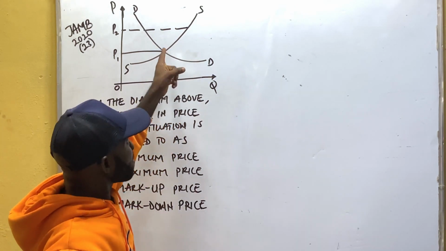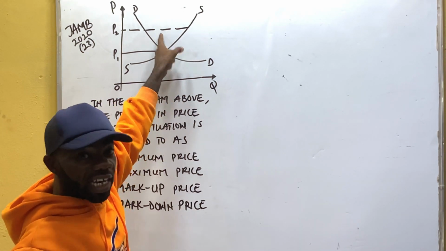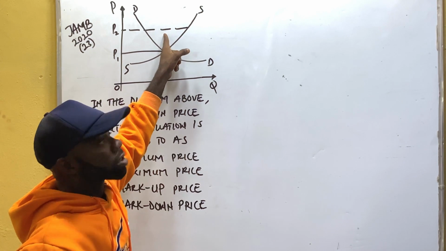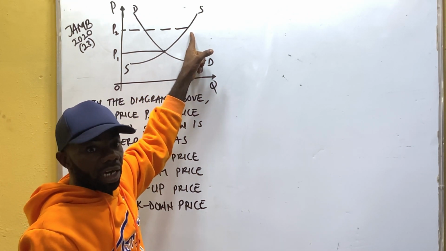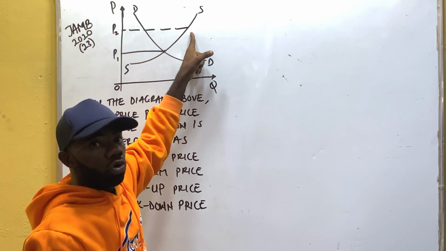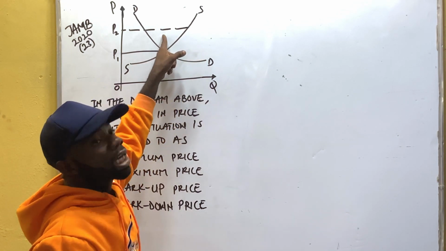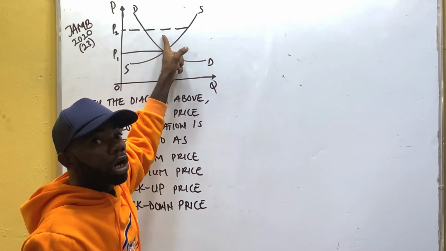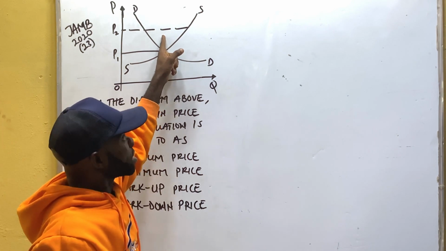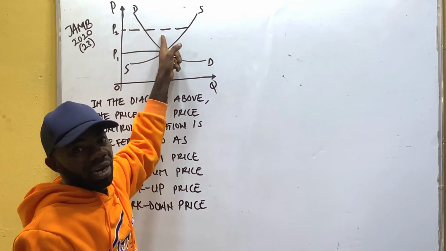It is not maximum price because this price above is the lowest amount that suppliers are expected to take for goods and services sold. So if this is the lowest amount they're expected to take, under law, it is minimum price legislation.